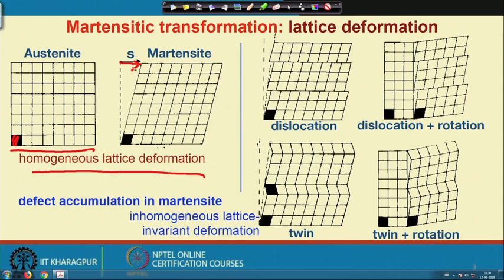Such a shear we have seen in our last class for a single crystal, how the sample bends by this martensitic transformation.